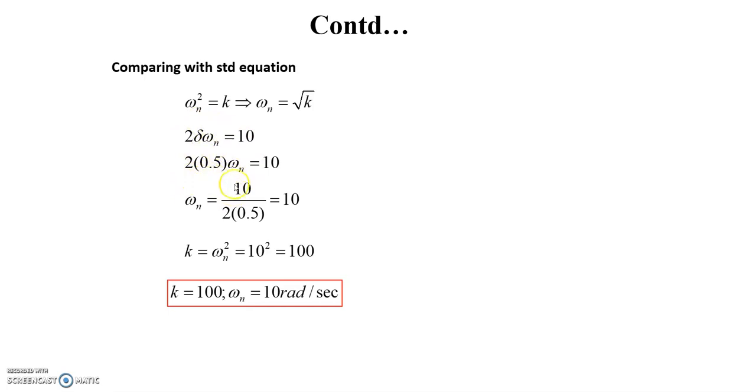So 2 into 0.5 into omega n is equal to 10, so omega n is equal to 10 divided by 2 into 0.5, that is equal to 10. What is the K value? K is omega n square, so 10 square, that is equal to 100. Now K value is 100 and omega n is equal to 10 radian per second.